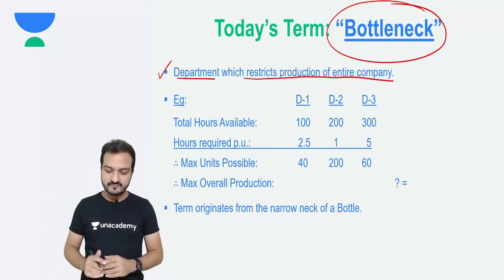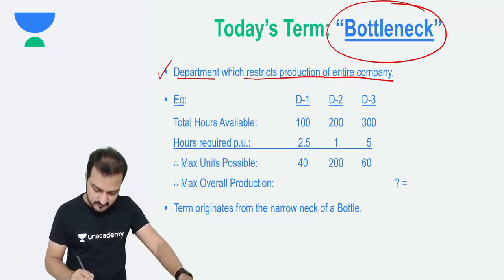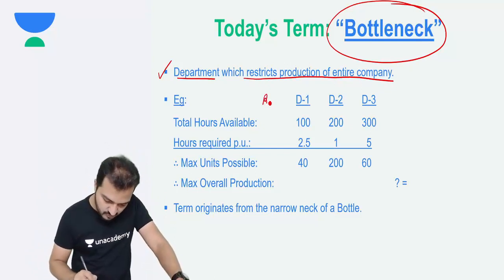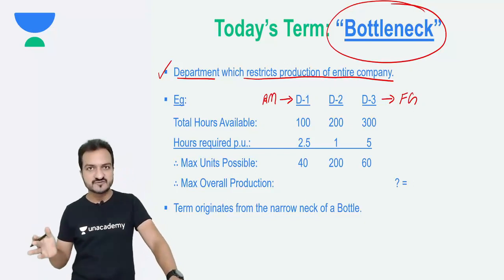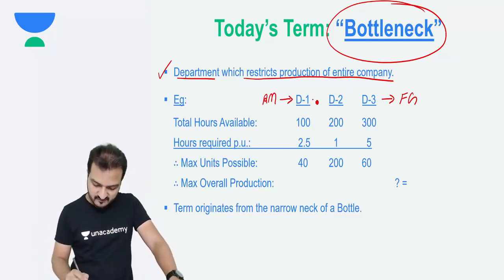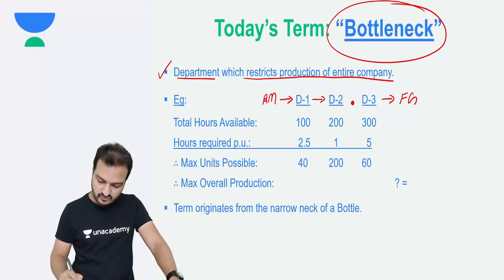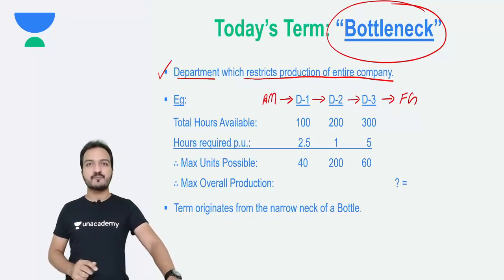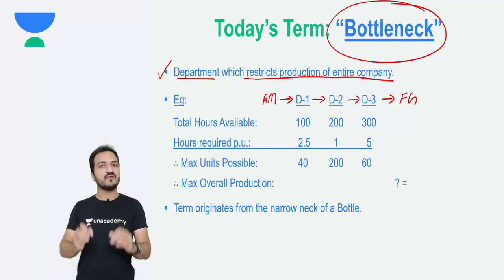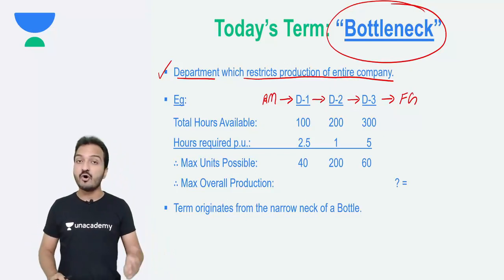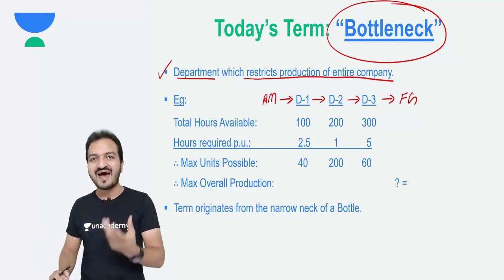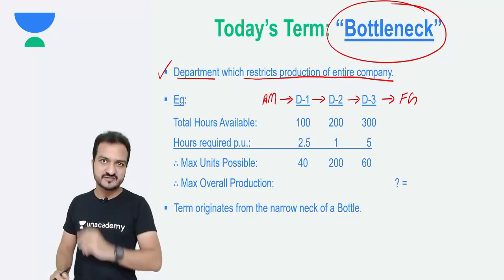Let's take an example. In my company, raw materials are converted to finished goods through three departments. Material goes to department 1, then output of D1 goes to D2, output of D2 goes to department 3, and output of department 3 becomes the finished goods. So I have three departments. Now all three departments might have different capacity.